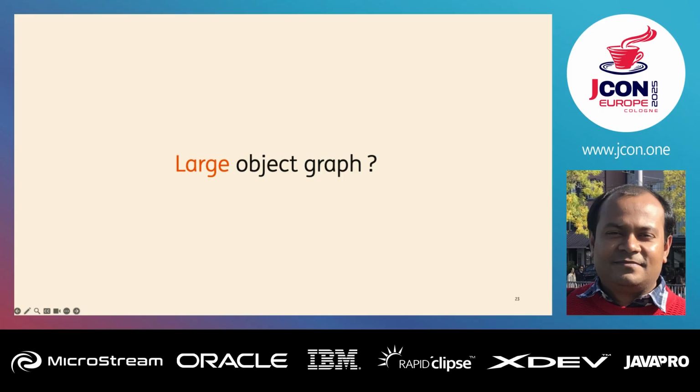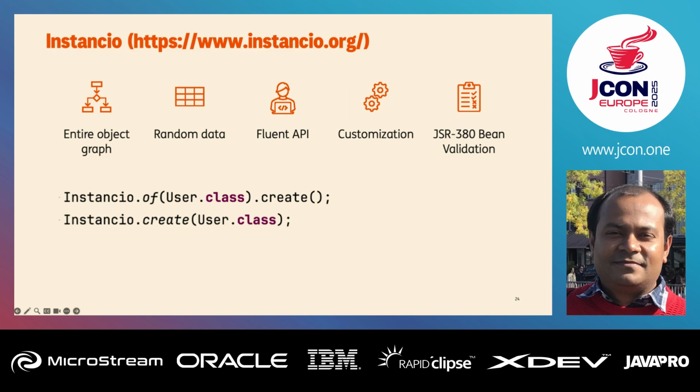But then, what happens if you are testing a large API, for example, a REST API, which has 50 input parameters? And for that reason, the second library that I'm going to introduce to you is Instancio, which is, again, very well maintained. It has good documentation.